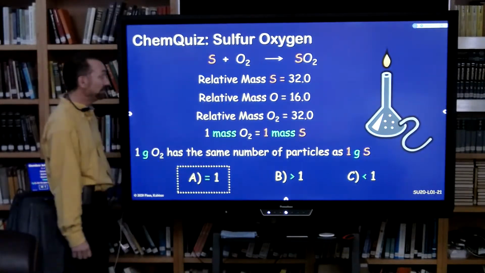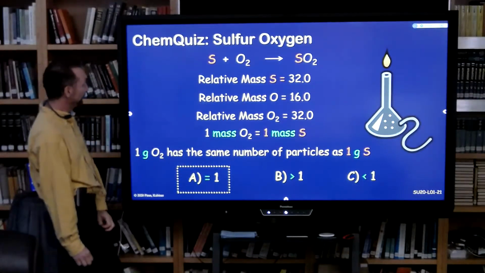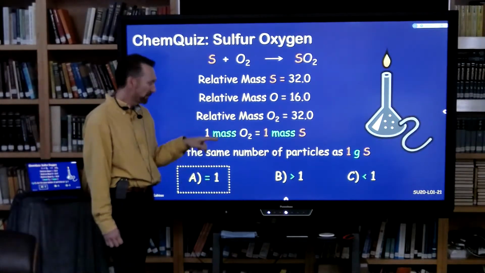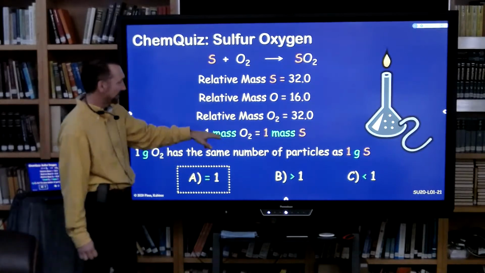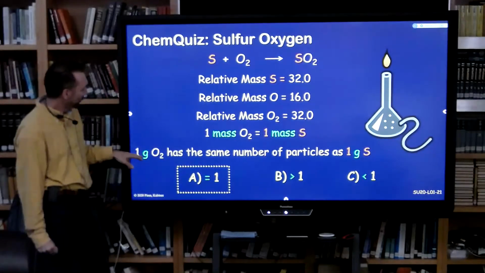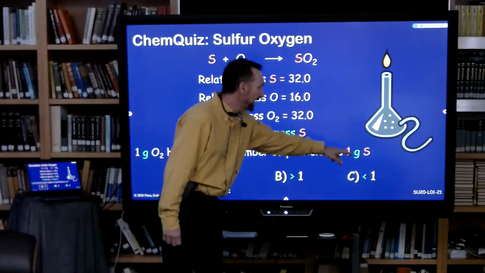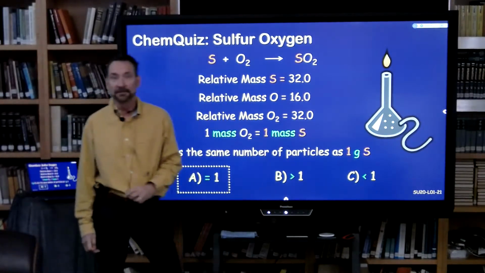Interesting thing, what if you took your 1 gram of, and notice I just put mass here because that could be any unit. So what if your 1 gram of oxygen reacted with only half a gram of sulfur?